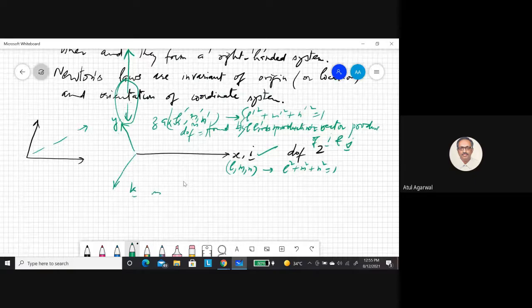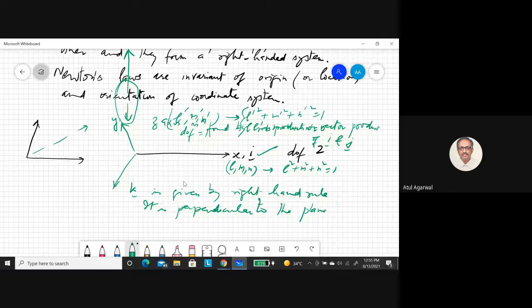Vector k is perpendicular to the plane formed by x and y axis, and also it should follow the right hand rule. As you take the x axis toward the y axis, the z axis should point in the direction in which a right handed screw will translate. Okay.